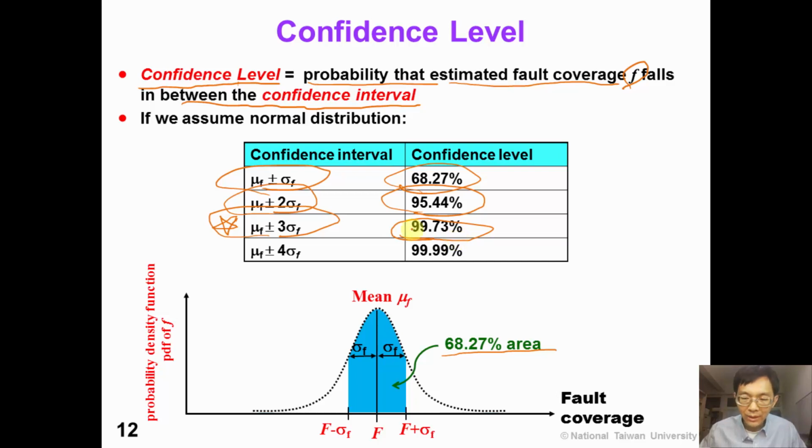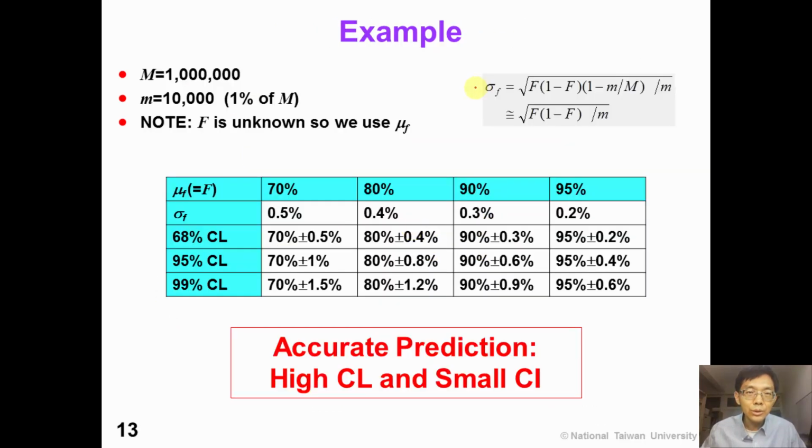So now let me show you an example. Suppose that in our circuit there are 1 million total faults, and we sample only 10,000 of them, which is 1% of big M. Suppose that in our fault simulation, we know that the fault coverage is 70%.